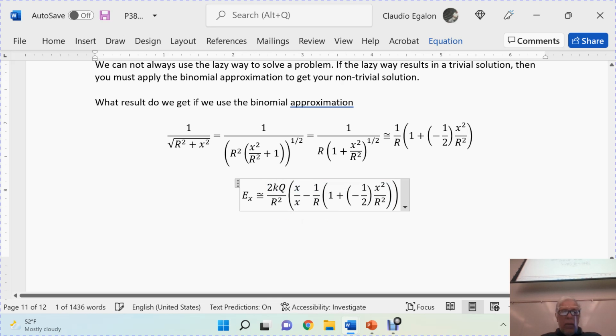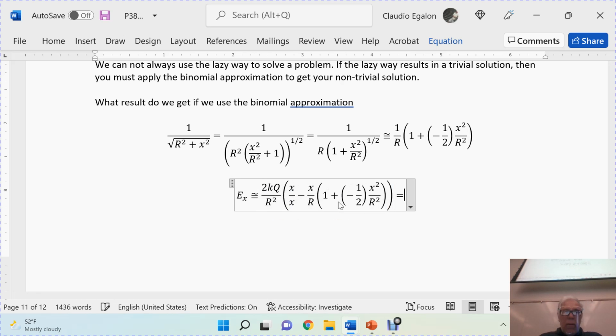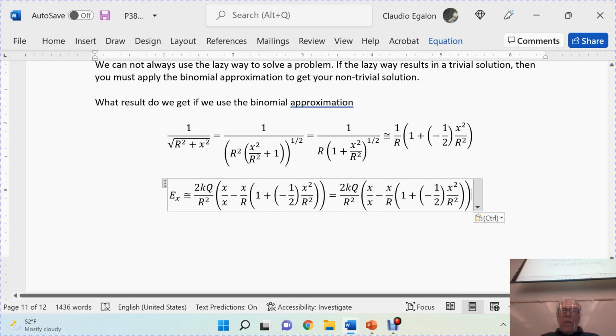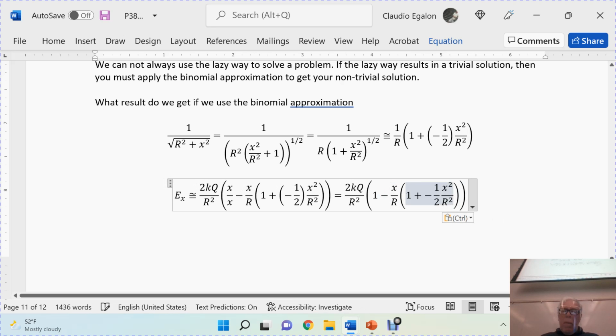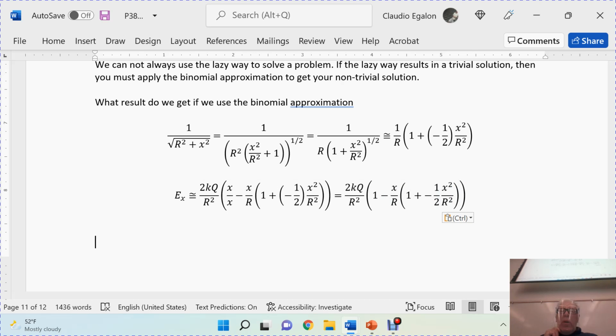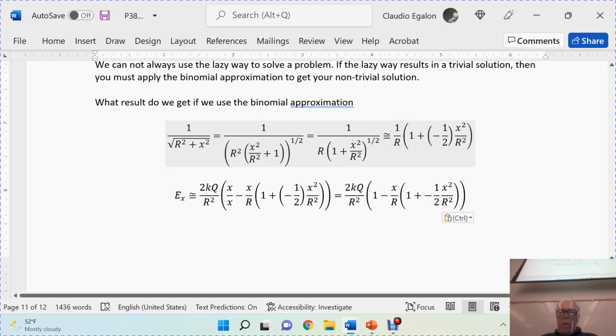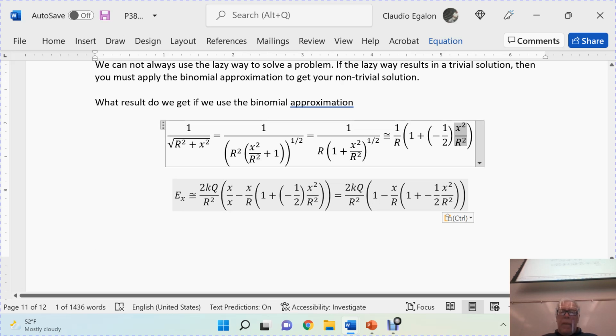This x divided by x becomes 1. What else? Let's see, I'm going to make it so that what we end up getting, if we use our second order approximation, is in reality dependent on x cubed, right?